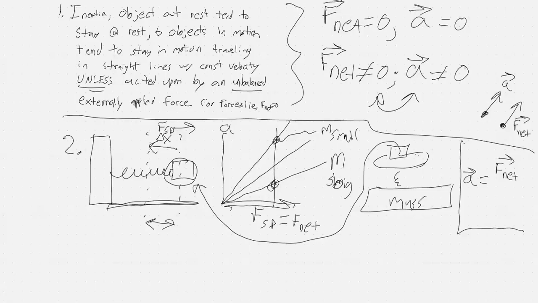As M gets bigger, your acceleration gets smaller, and as M gets smaller, your acceleration gets bigger. This, in equation form, is Newton's second law. So that is the quantitative relationship between how things move, how they accelerate, as a result of what is done to them, which is net forces being applied to them.